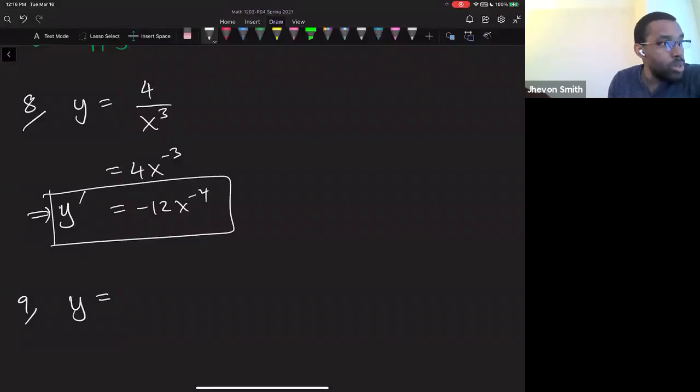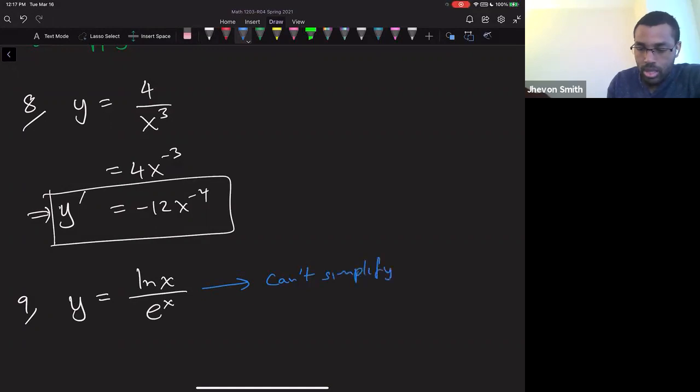9, y equals ln x divided by e to the x. Now here, can't really simplify. So here I would just jump into the quotient rule.